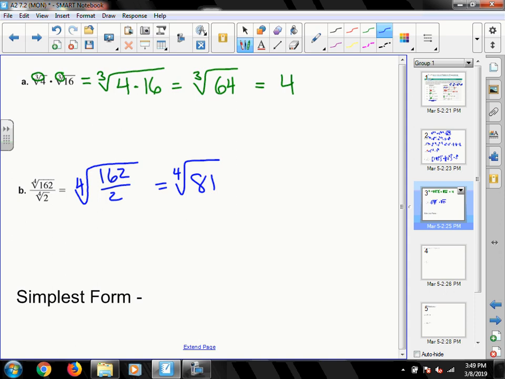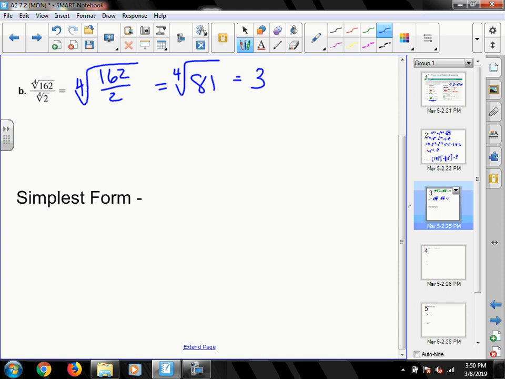And I can take the fourth root of 81, and I'm not going to put plus or minus, because they put the fourth root in the problem. If they don't tell you plus or minus, you can take it as the plus. If they give you that negative, you need to take that as the negative. But this is just going to be 3.